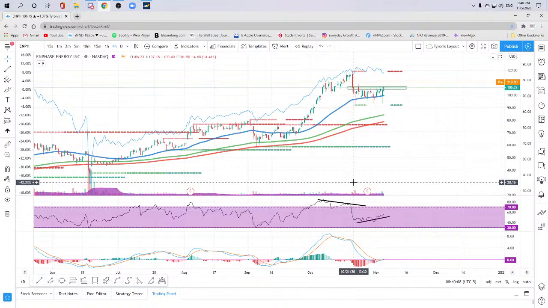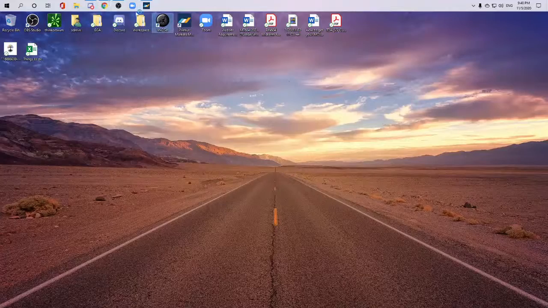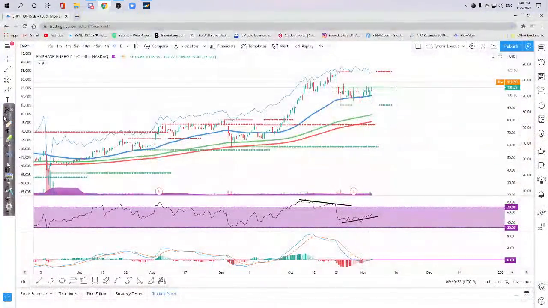That's a signal for you to start to sell. When the 9 line starts to cross from the bottom to the top, cutting upwards, that is a signal to buy.